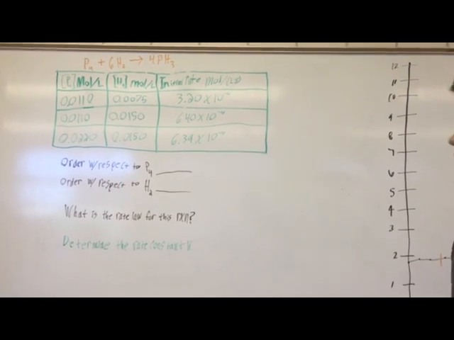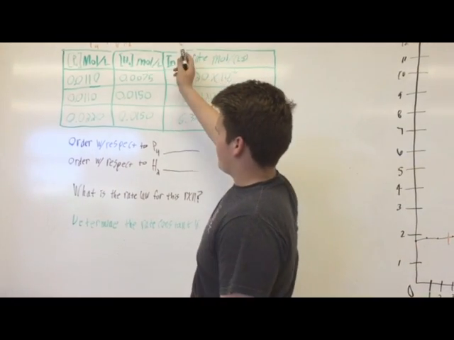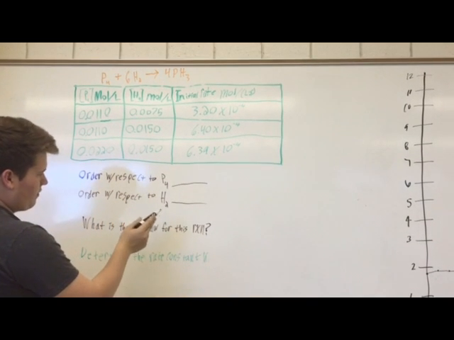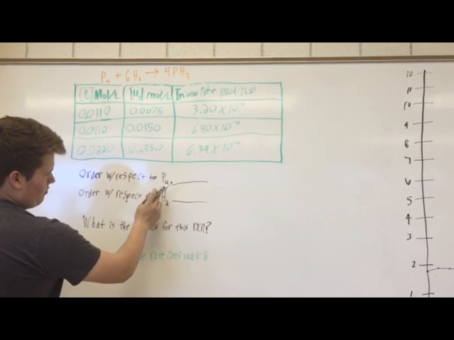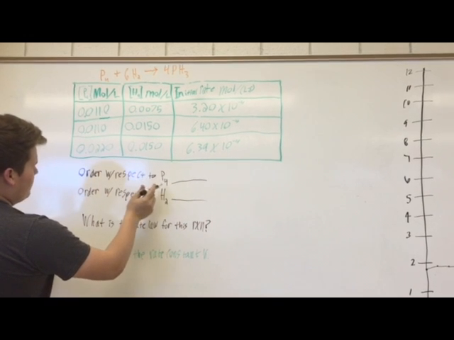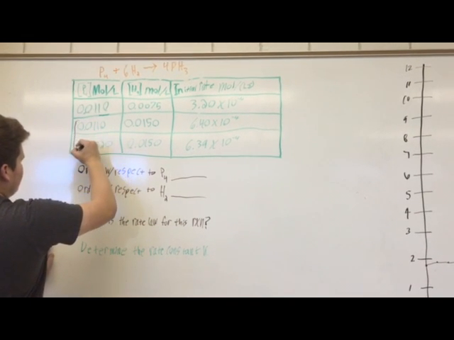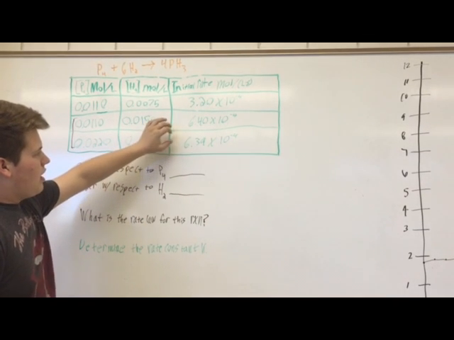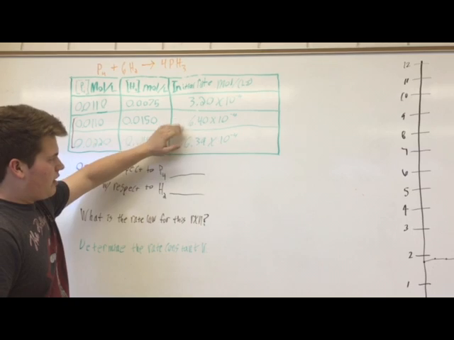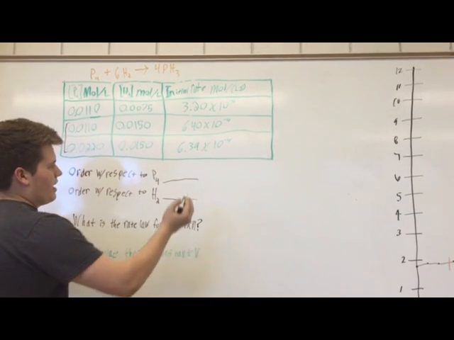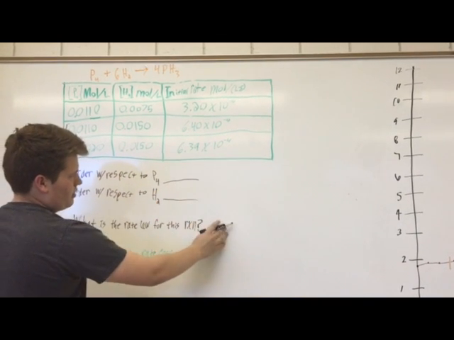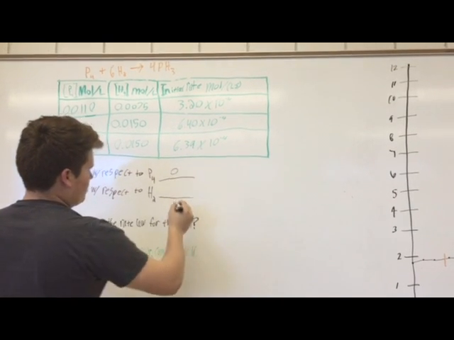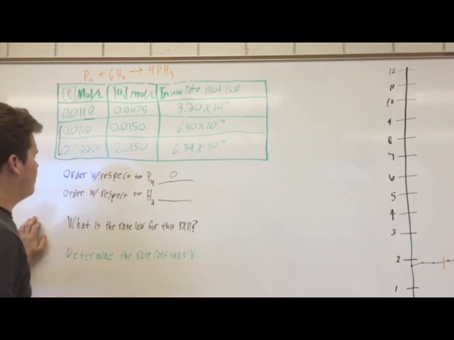Alright. So in this problem, we have a pretty simple reaction, and when you're determining order with respect to whatever, you're going to look for when that is changing. So for P4, you're going to look when the concentration of P4 is changing and when this is constant, and you're going to analyze the different rates of reaction, and if they're the same, like these are here, they're not the same, but they're very close to it, it's just going to be 0 order because there's no change when there's a change in concentration.